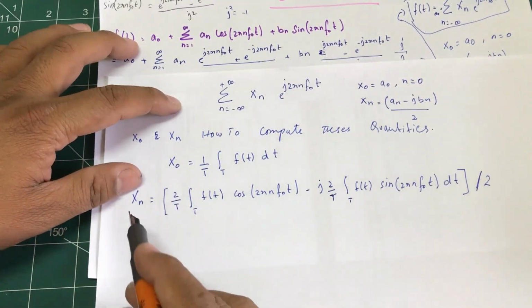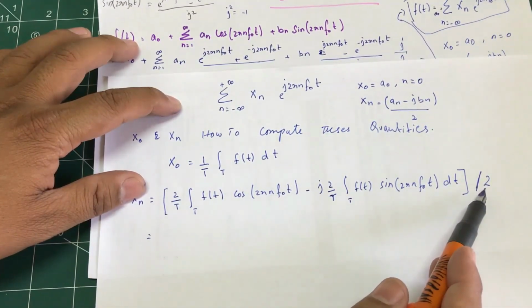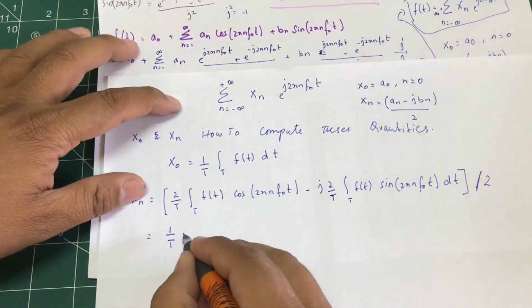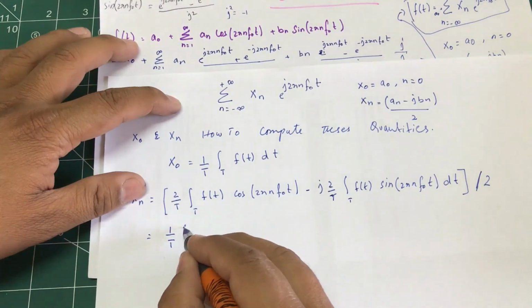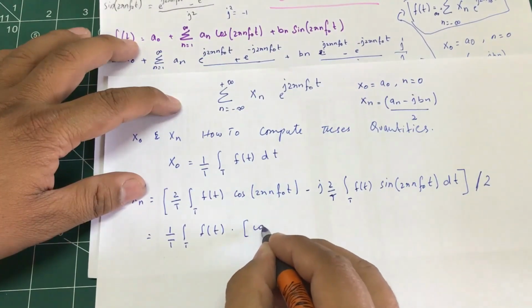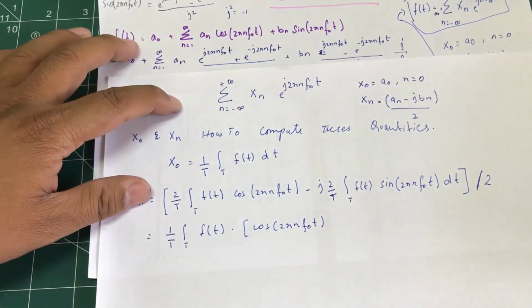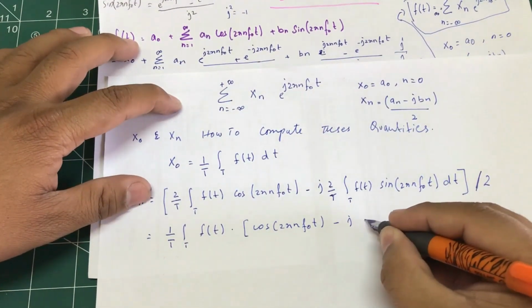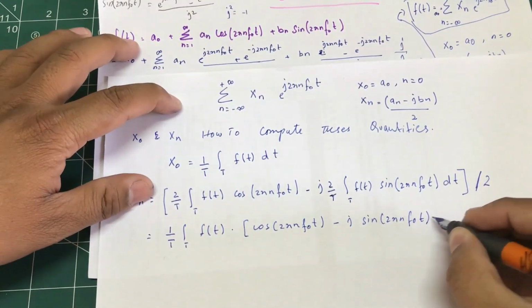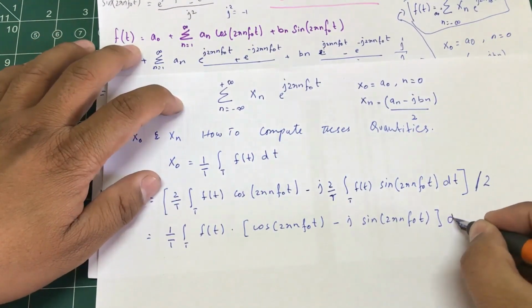Now, when this whole thing is divided by 2, just like I'm showing it here, these 2's will cancel out, so you will end up with 1 over T f of t, which is going to be cos 2 pi n f naught t minus j sine 2 pi n f naught t, whole thing dt.